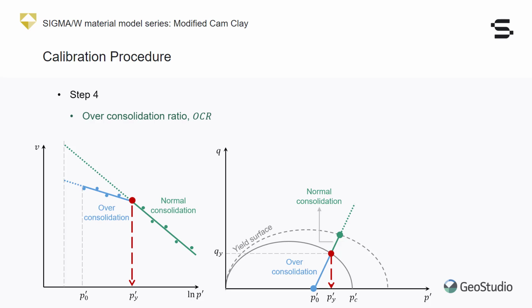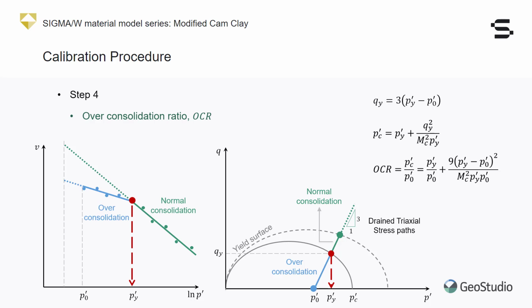These two pressures, however, are not independent. For example, in a drained triaxial stress path with a slope of 3:1, the deviatoric stress at the yield surface is 3 times the difference between the yield and initial pressures. So the isotropic preconsolidation pressure, P'(C), can be expressed in terms of yield stresses using the yield function of the elliptical surface.